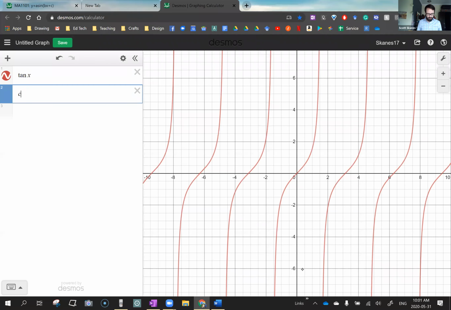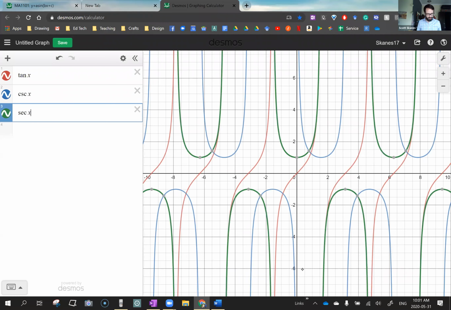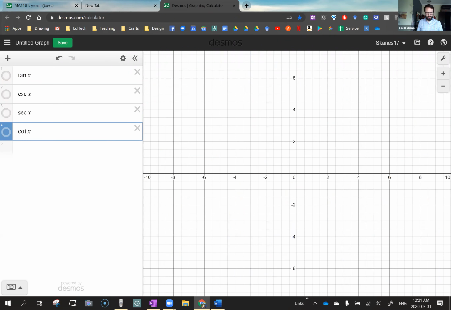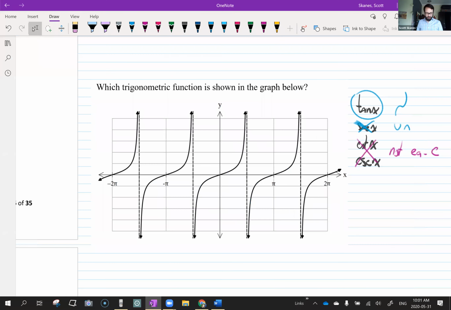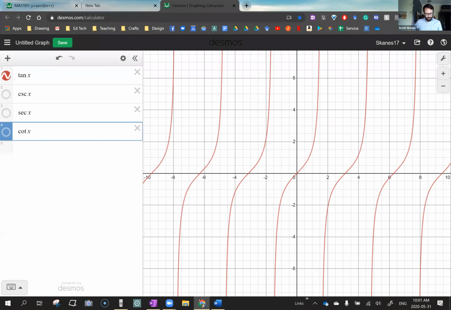But tan, cosecant, could also be secant, could also be cotan. Just turn them on and off until it matches what you're asked for. So let's see, we have this function again. We see that it has a line, there's no asymptote through the center. So I look at this and I'm like, hey, yeah, that matches. It has this form and it goes right through the middle.